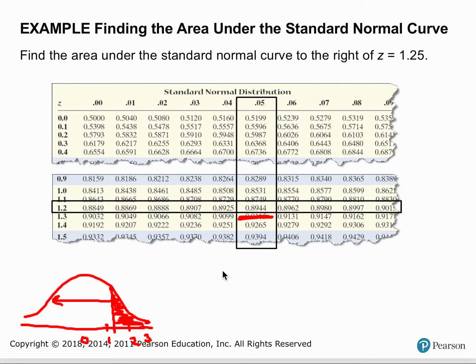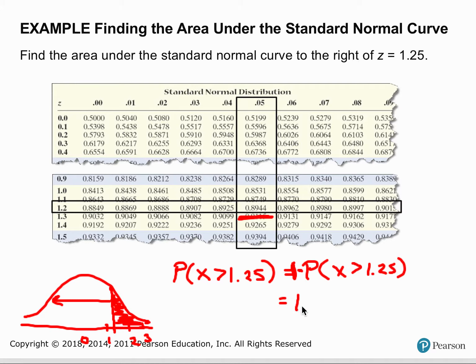So we're just going to say the probability that X is greater than 1.25 is 1 minus the probability that X is less than 1.25.